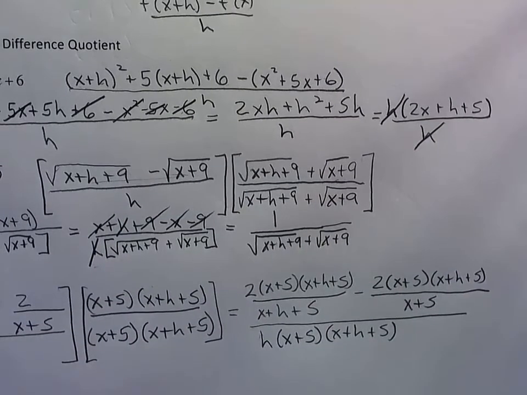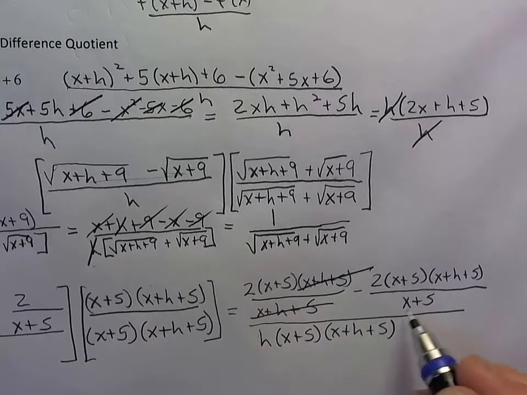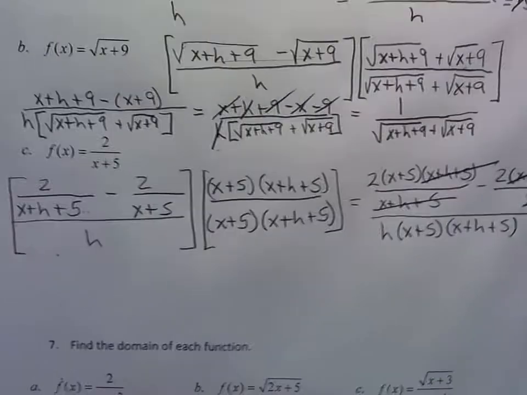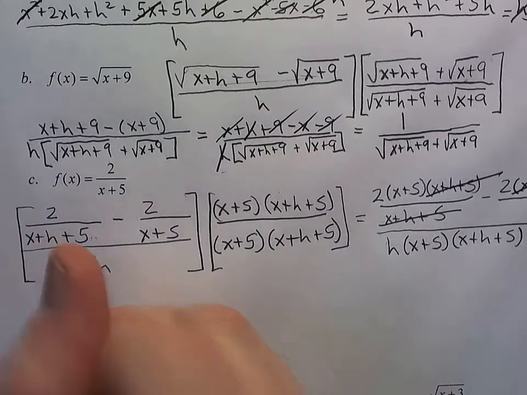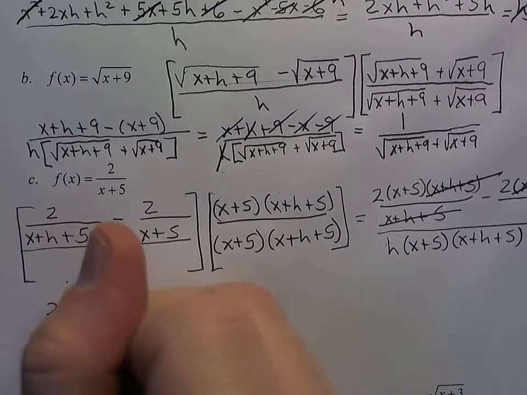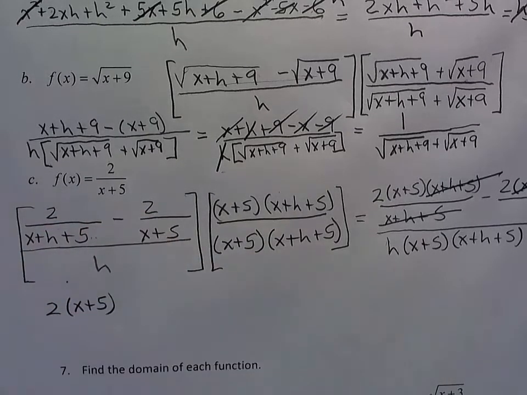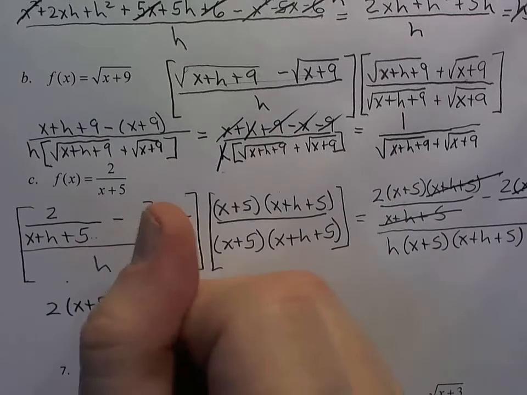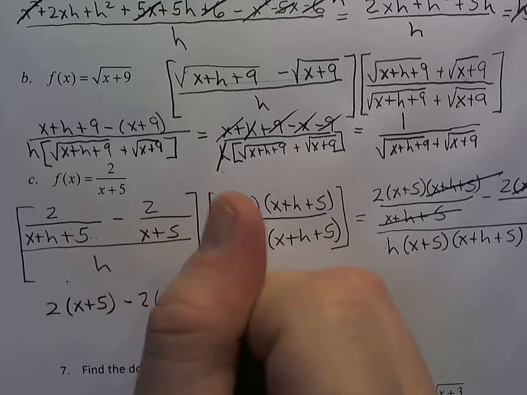There, like that. Now this looks like a mess. So we quickly say, let's get this cleaned up. Some things divide out. That's what we wanted to happen. Because now it doesn't look like such a mess because we have 2 times x plus 5 minus 2 times x plus h plus 5.